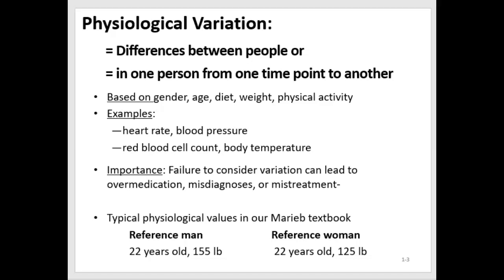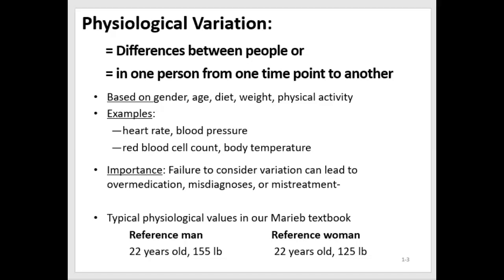Some examples of physiological variation with which you're probably already familiar include things like heart rate. You know that the heart rate can be different in different individuals, as well as resting versus with activity.